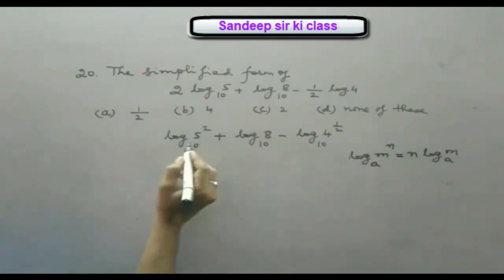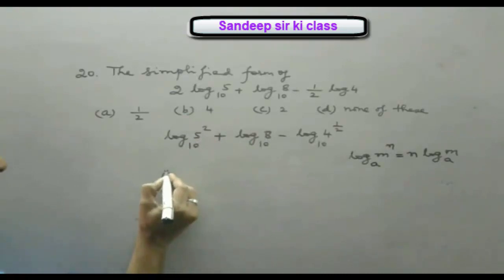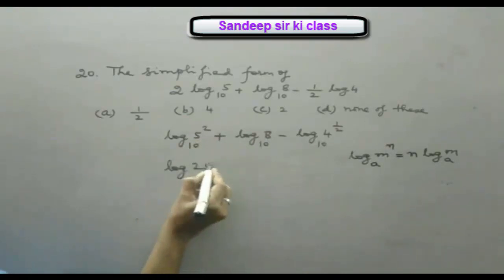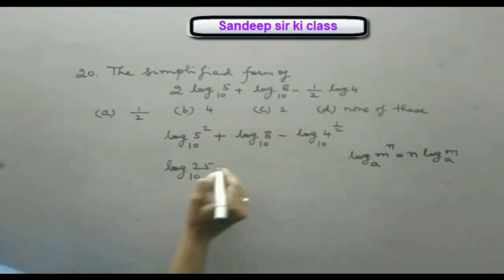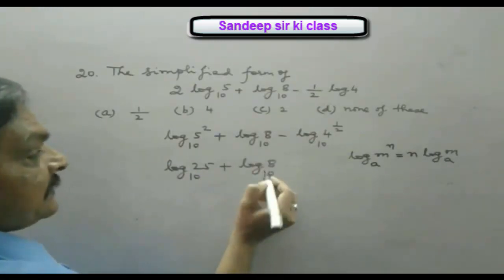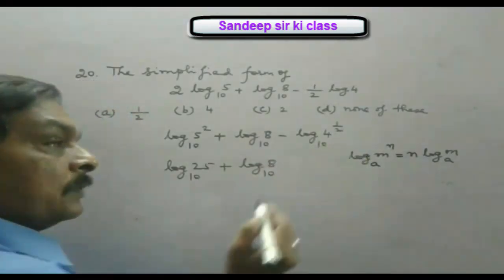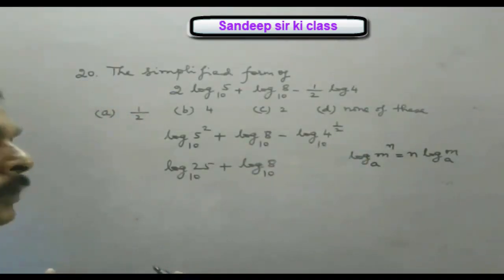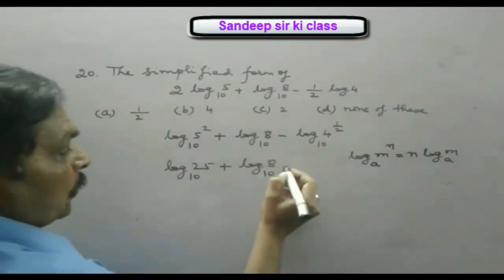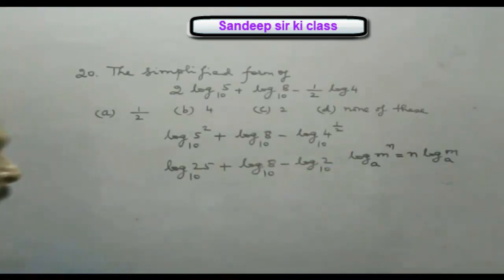Now we simplify this. So 5 raised to the power 2 is 25. So first term can be written log 25 to the base 10. Second term I am writing as it is, which is log 8 to the base 10, and 4 raised to the power 1 upon 2 is under root of 4, and under root of 4 we know is 2. So it can be written log 2 to the base 10.